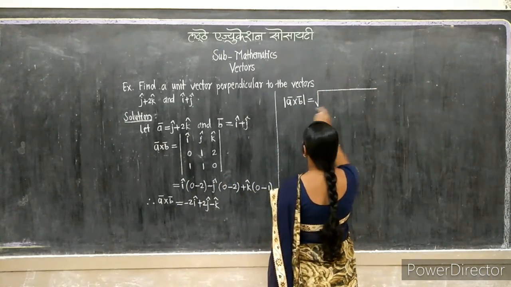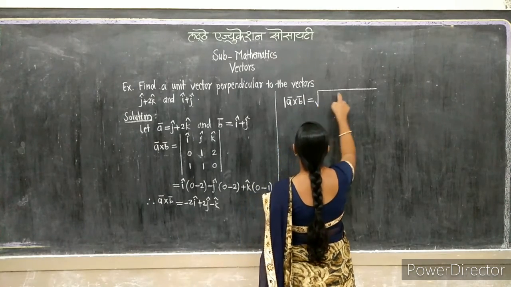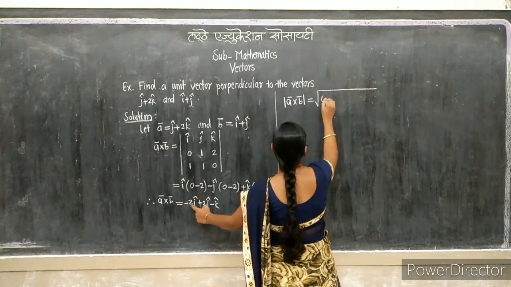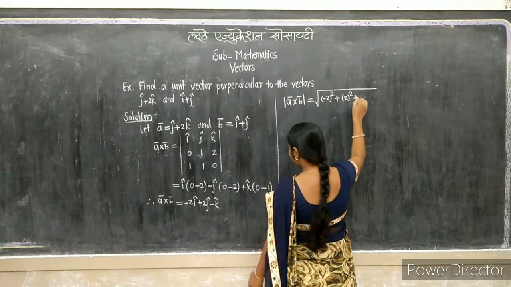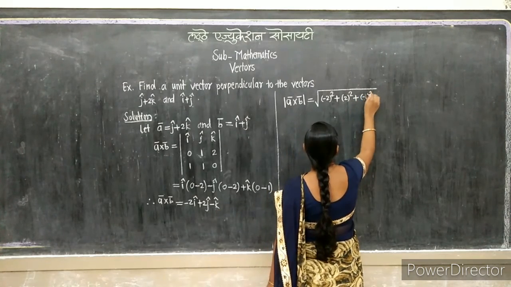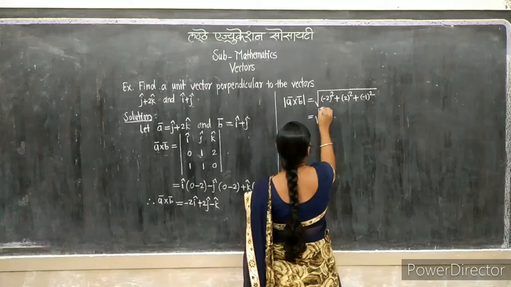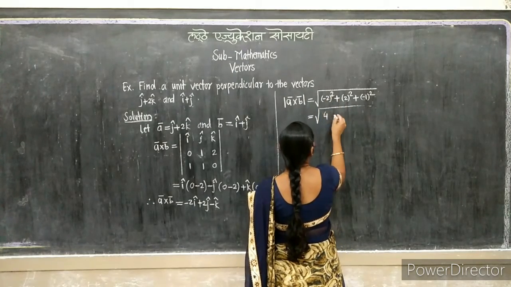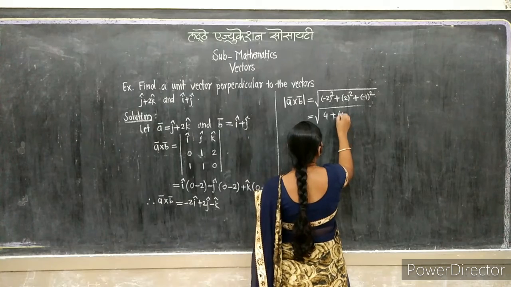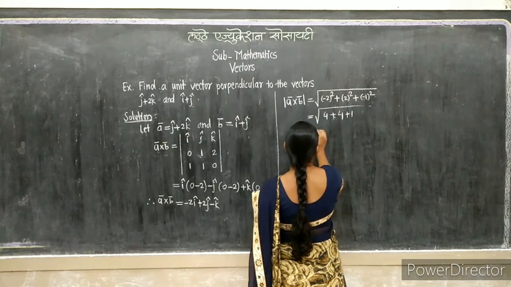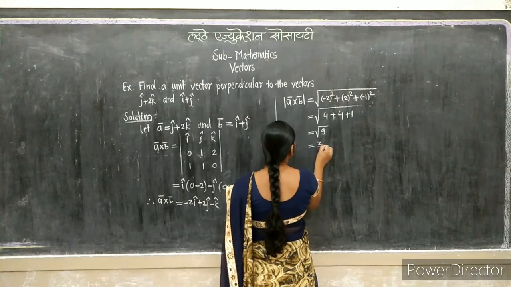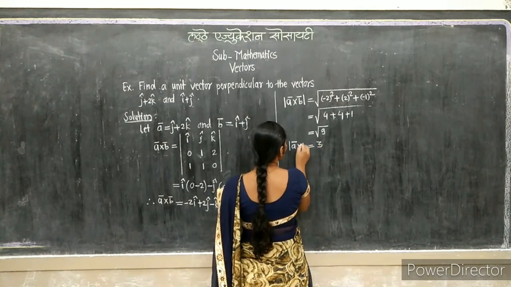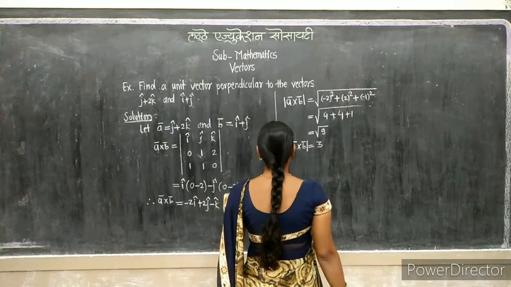Therefore, magnitude of a bar cross b bar is equal to under root component of i is minus 2 square plus component of j is 2 square plus component of k is minus 1 square, which is equal to minus 2 square is plus 4, plus 2 square is plus 4, and minus 1 square is plus 1. 4 plus 4 is 8, 8 plus 1 is 9, under root 9 is 3. That is, magnitude of a bar cross b bar is equal to 3.